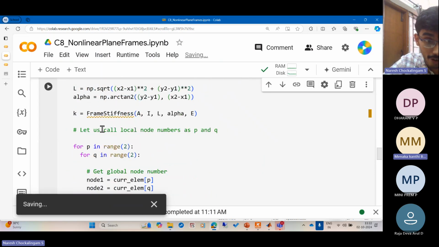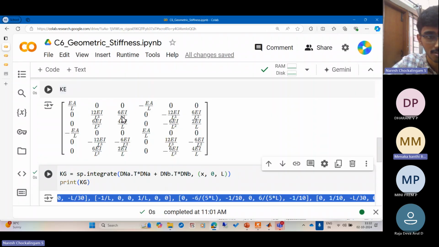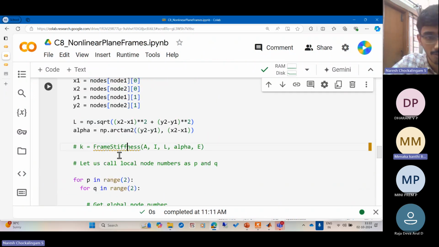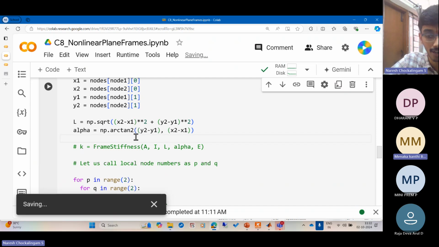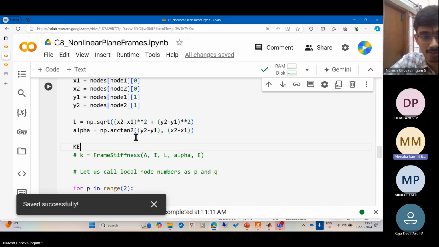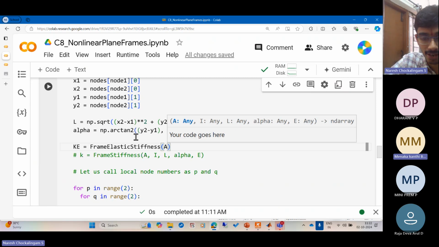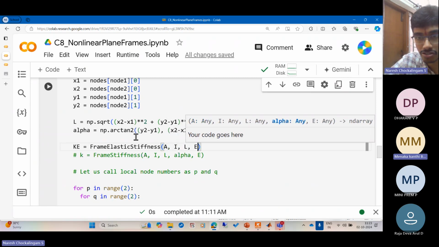Now coming to this point, K will have two components. So this can be commented out. I'll say K global, K elastic is frame elastic stiffness of A, I, L, E. It should not depend on anything else.